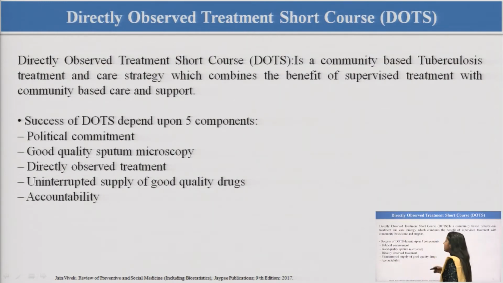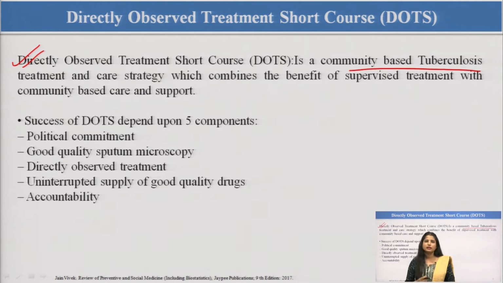Now, what is directly observed therapy? Directly observed treatment short course is community based tuberculosis treatment. By the name, it is very clear who will supervise: the healthcare workers will supervise the therapy.